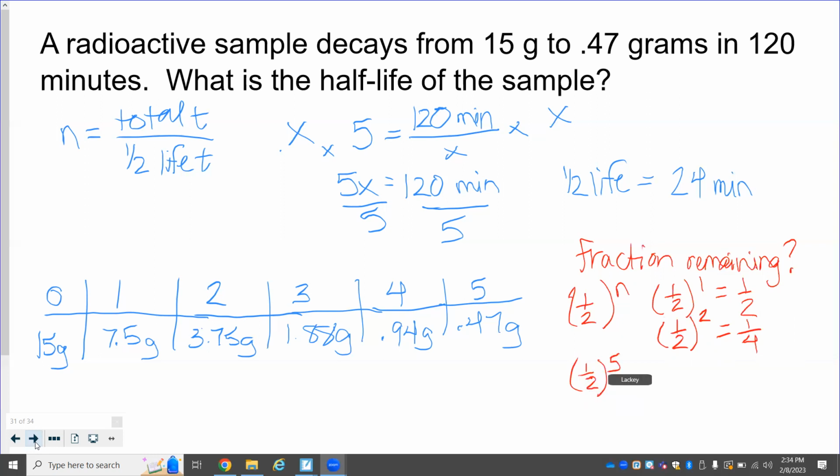So we're simply doing 1/2 times 1/2 5 times. And these typically do get written as fractions. So this would be 1/32 of the sample remains. I know there's a question similar to that on your lab that you're going to be going through.